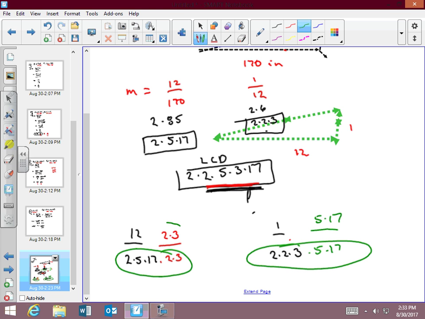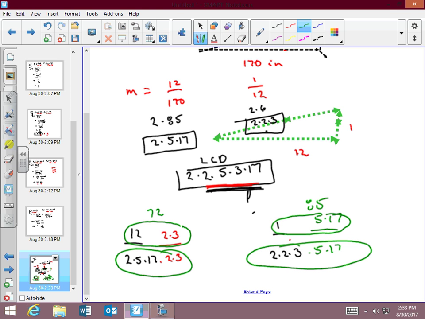If you multiply this out, you get 2 times 3 is 6 times 12. What number is that? 72. 5 times 17 is what? 85.